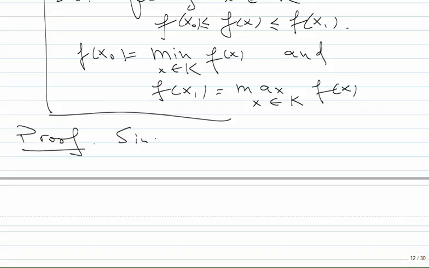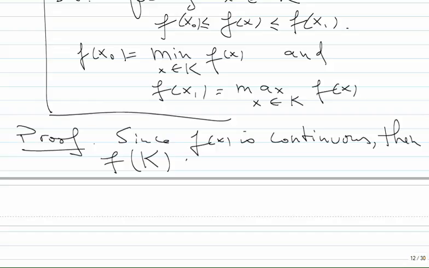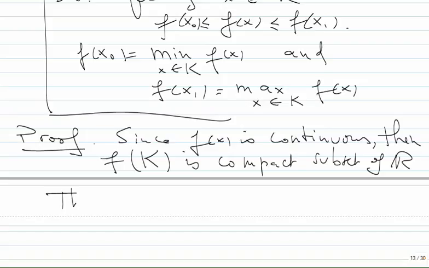Since f is continuous, f of K is a compact subset of R. And we know that the compact subsets of R are exactly the closed bounded subsets. Then f of K is closed and bounded.